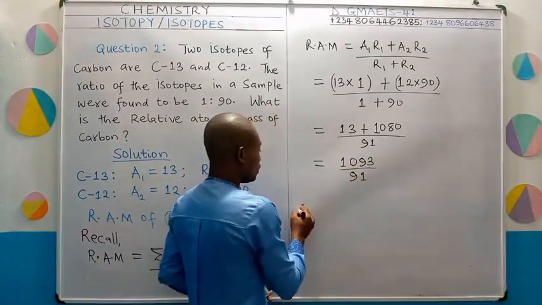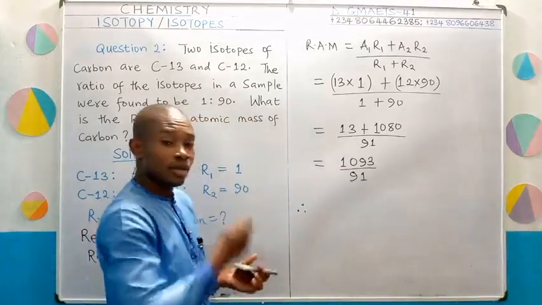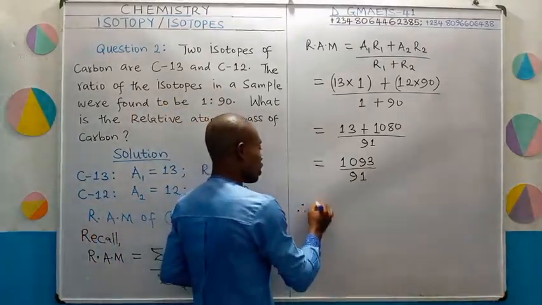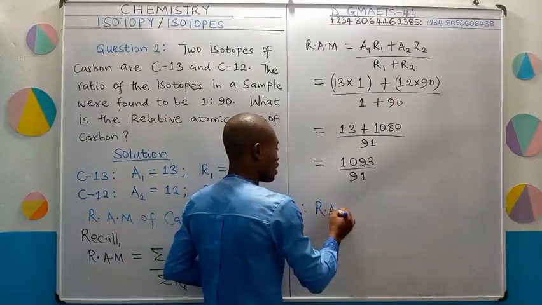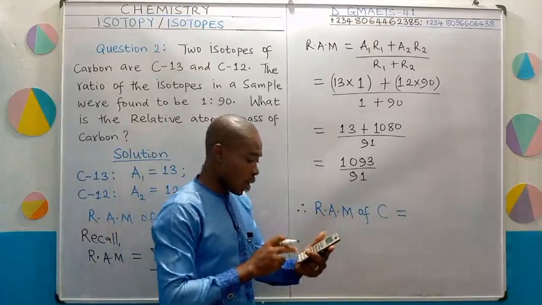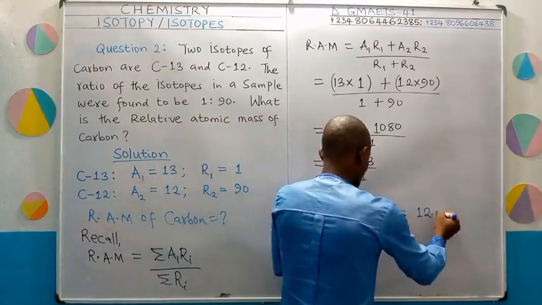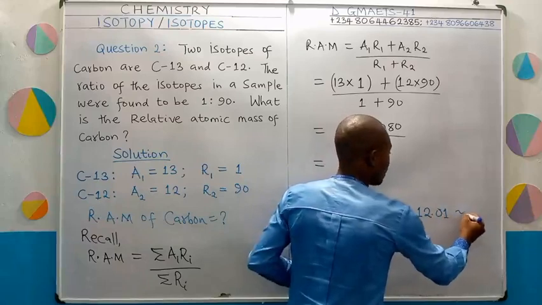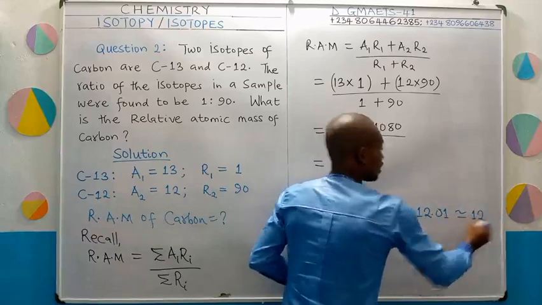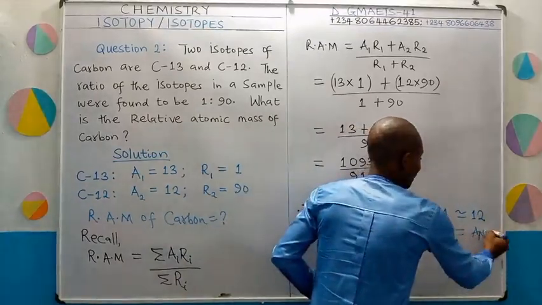Therefore, the relative atomic mass, R.A.M, is 1093 divided by 91. This gave me 12.01. I can still approximate this to 12. And this is my answer.